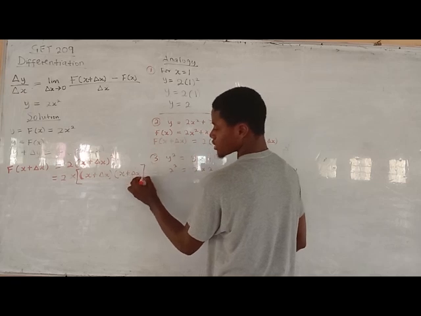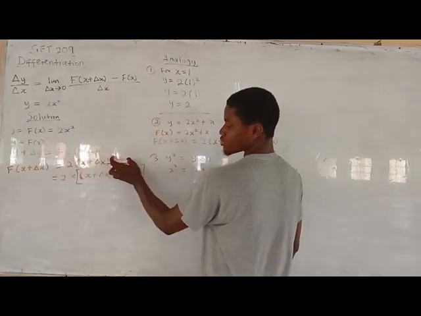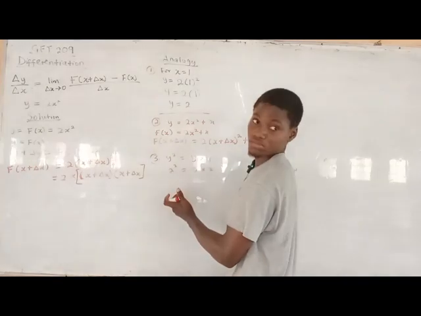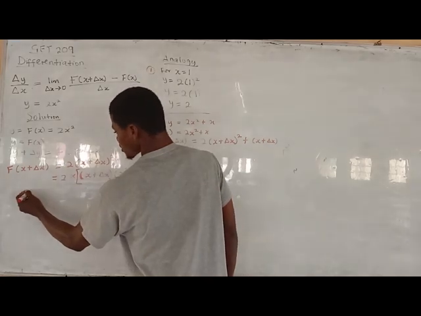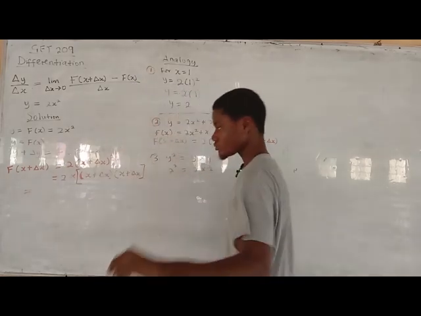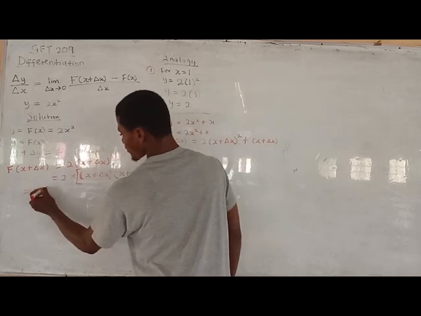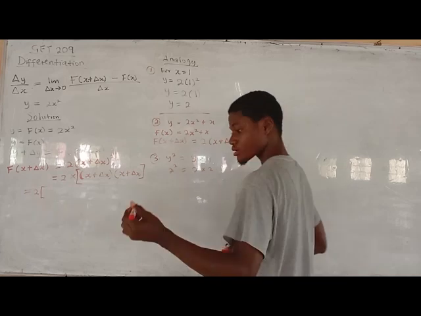Then you close the big bracket. So this and this represents this 2. If this was 3, it means you write this in 3 places. Okay. Thank God you understand that part. So we now say this equals, your 2 will still be outside, okay?